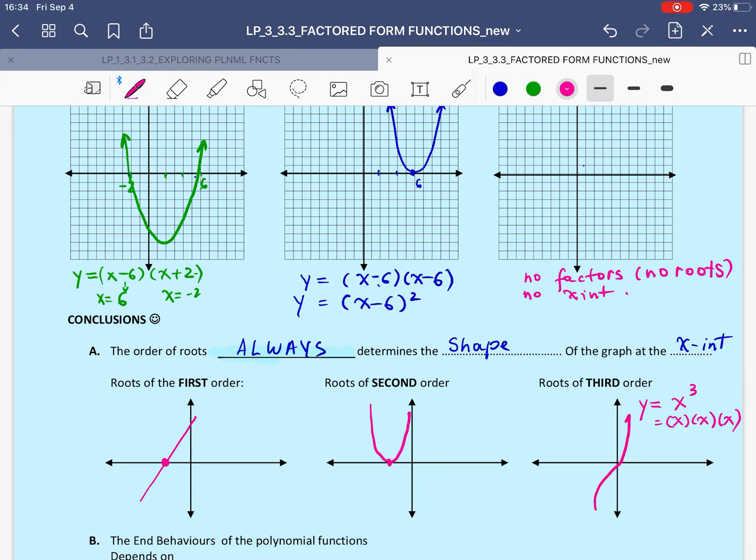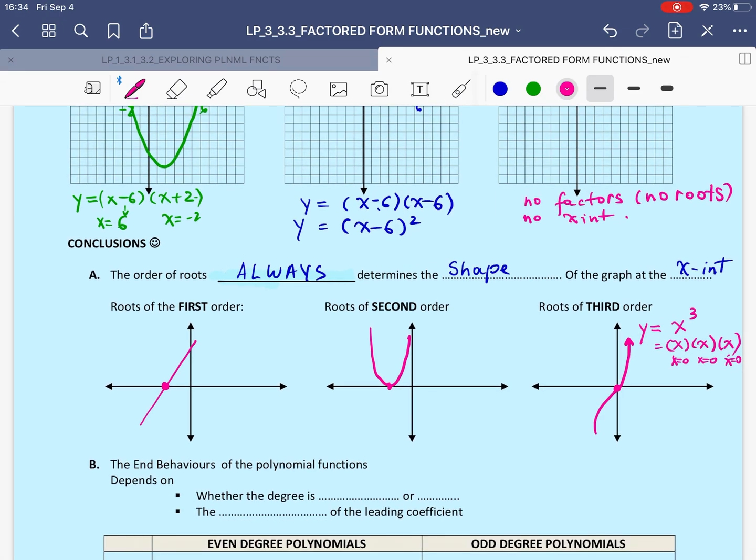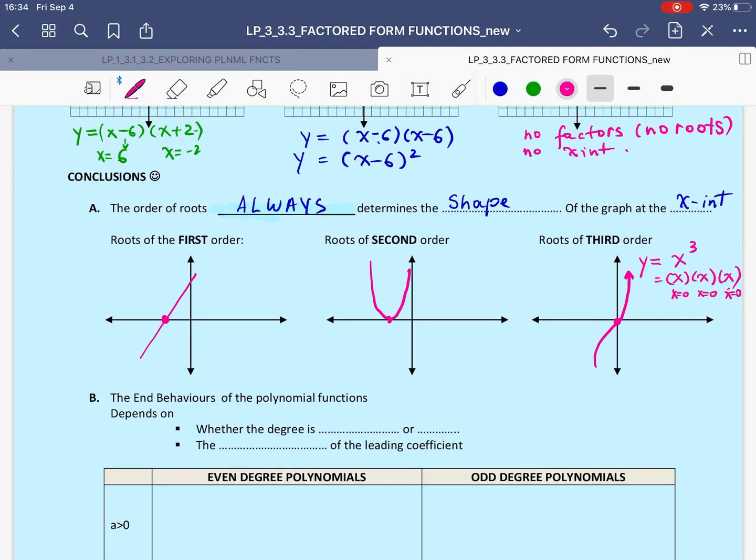And we have seen the graph of this function before. And we know that the x-intercept will be at x equals 0 because these are the zeros of each of its factors. And that will be the case for any third order factor or third order root.